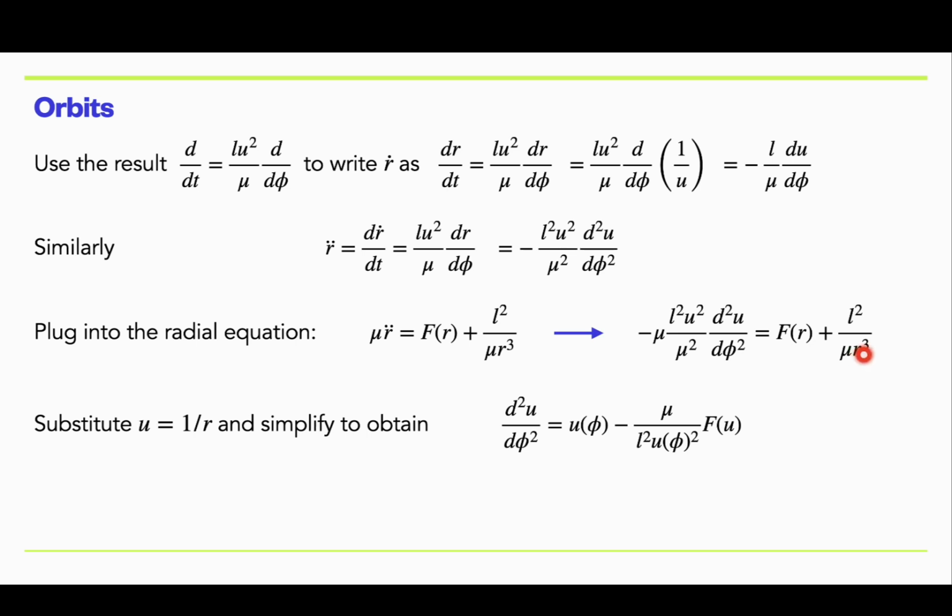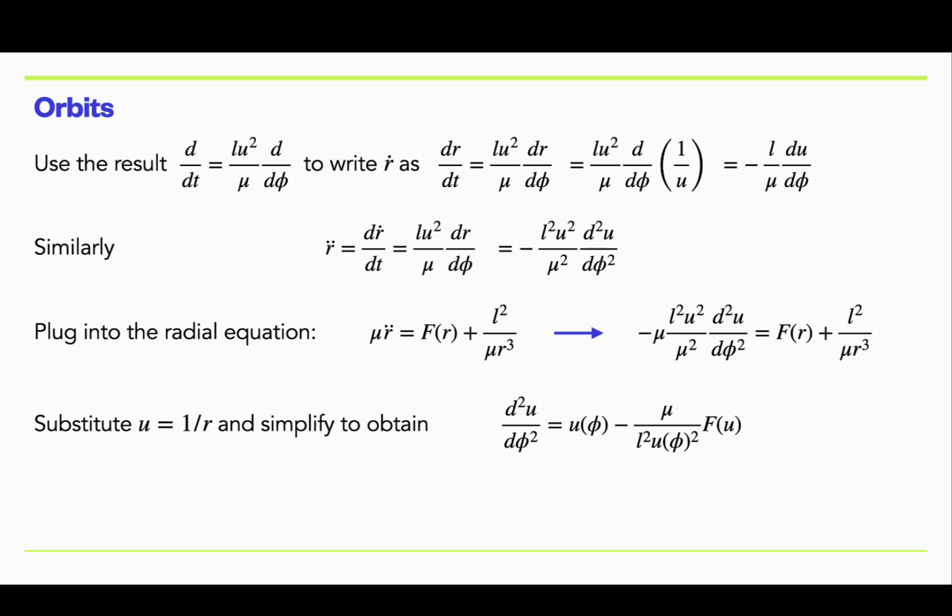We have an r cubed here, so we want to replace the r cubed with a 1 over u cubed. And then we simplify, and we're going to cross multiply this thing to get everything over on the other side.